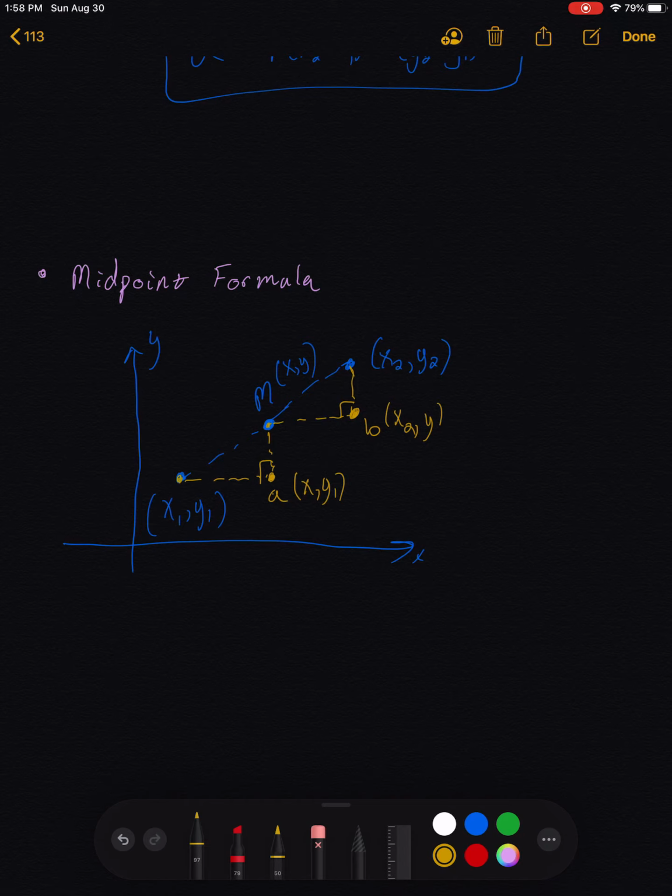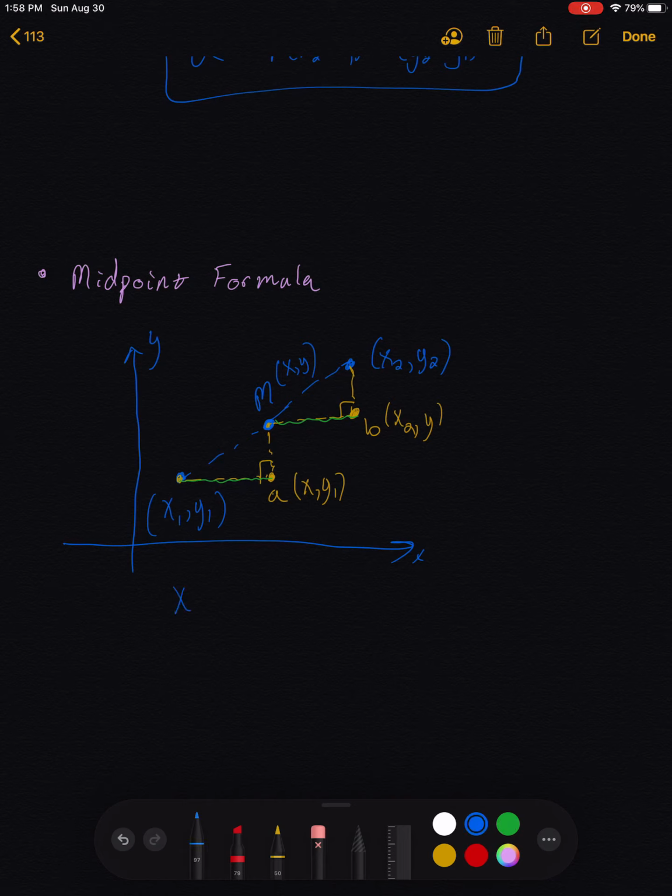Okay, now we know, and let's pick a different color here, maybe I'll use green. So the distance here and this distance here have to be the same. Okay, so if we look at what the distance between x1, y1 and the point A is, the y-coordinates are the same, and so it's just the change in the x position.